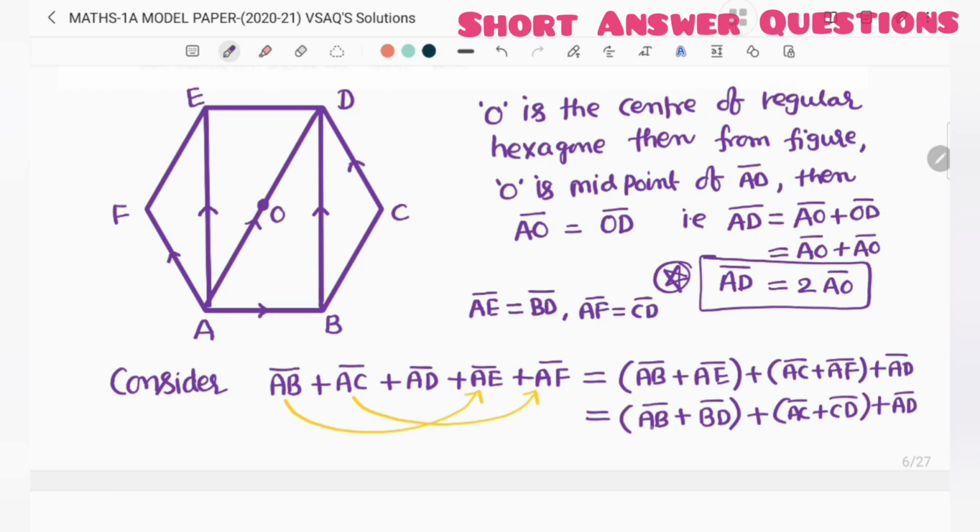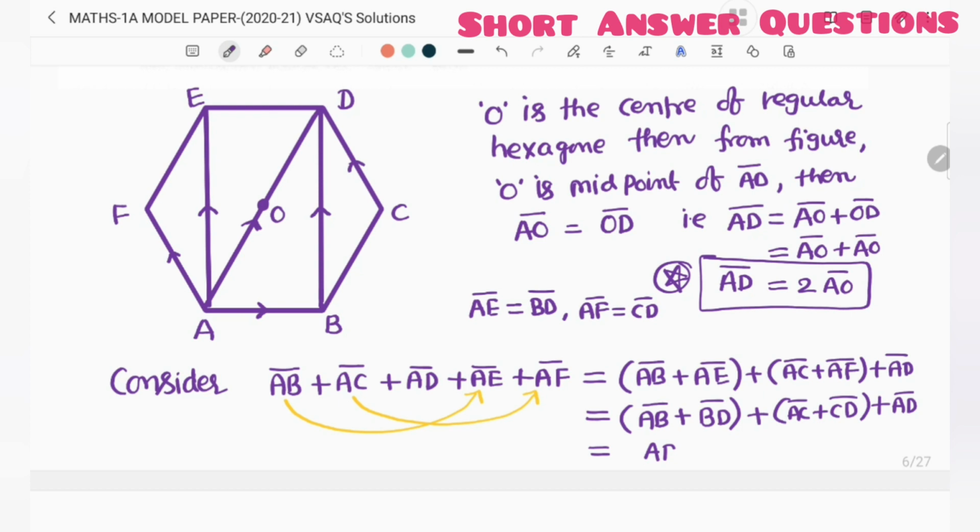By using triangular law of vectors, AB bar plus BD bar is equal to AD bar. So observe carefully, AB bar plus BD bar. Sum of two vectors is equal to opposite direction of third vector. So AB bar plus BD bar is equal to AD bar.